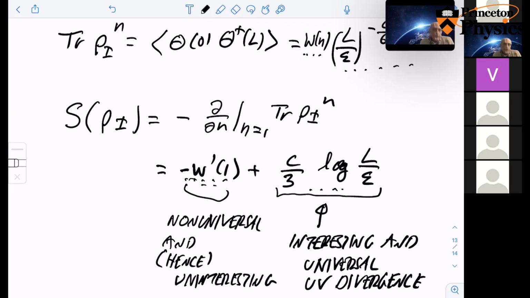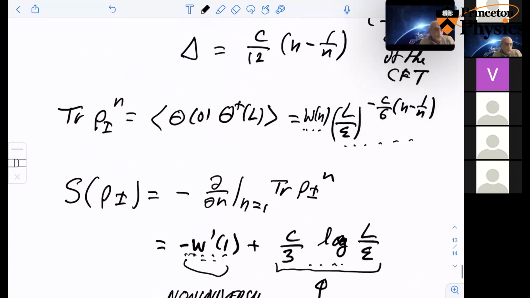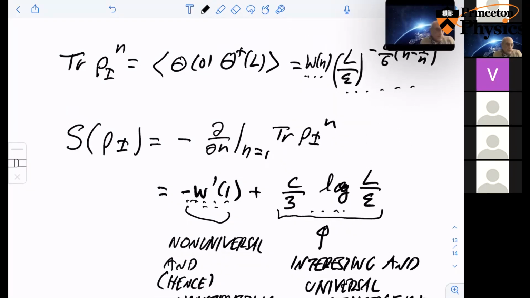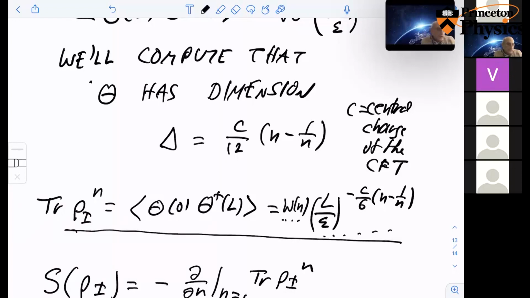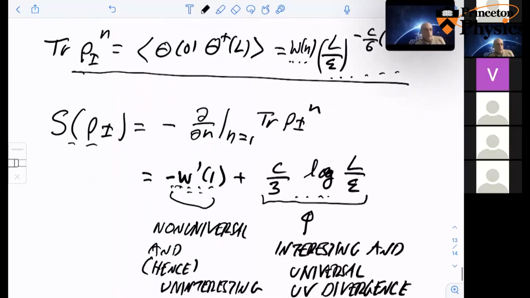So if you like, the really interesting part is the dependence on L. Then for dimensional reasons, it's L over epsilon plus a constant. But the constant depends on exactly how you defined epsilon. So to get this formula is a straightforward matter of differentiating this expression once we know that it's true that theta has this dimension. So that's the next thing I'll explain, but I want to stop here again for questions.